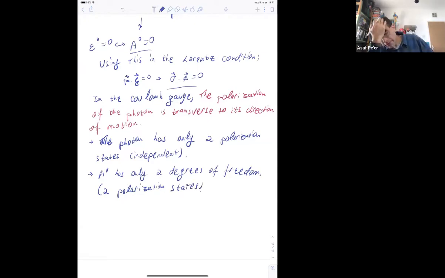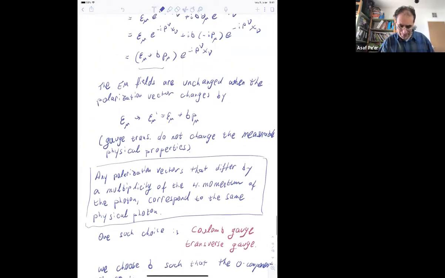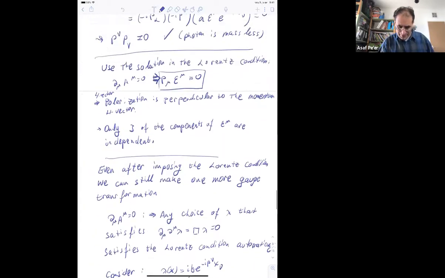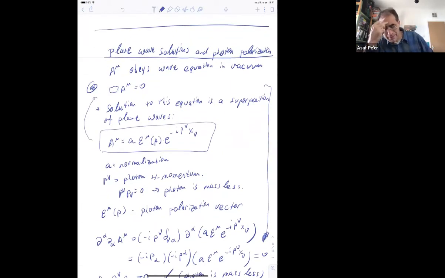Let me repeat again what we did here, because your quietness at this point tells me that you are not necessarily following everything I'm saying. We started by arguing that A mu, the 4-vector potential, is promoted to be the wave function that describes a photon.